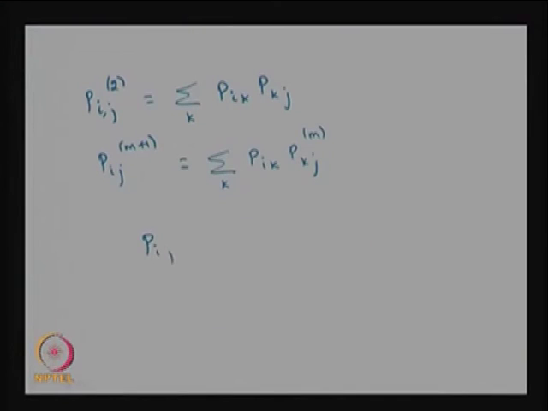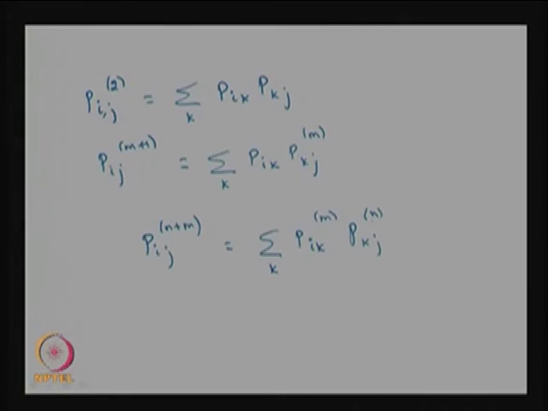we can make the conclusion the system is moving from I to j in n plus m steps, that is same as the sum over the possible values of k of the probability of the system moving from I to k in m steps, and the n step the system is moving from k to j.